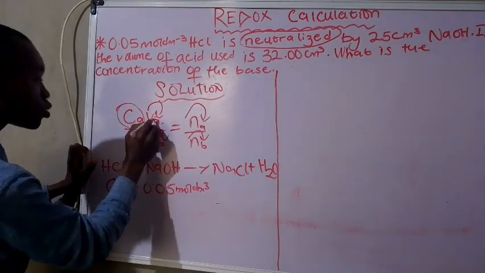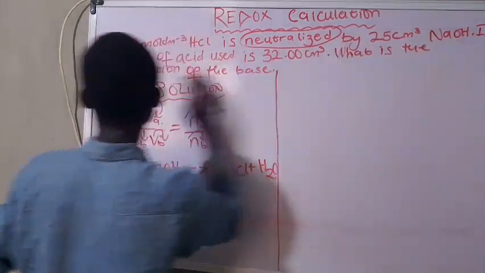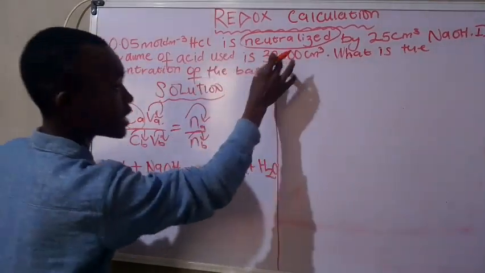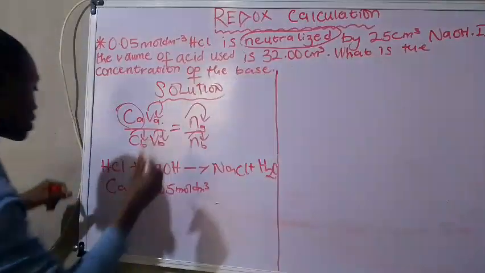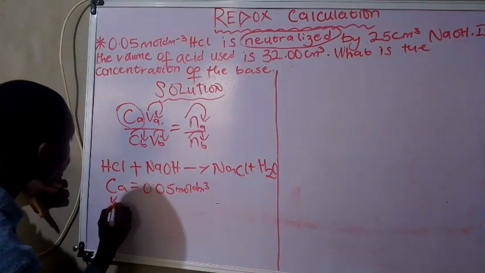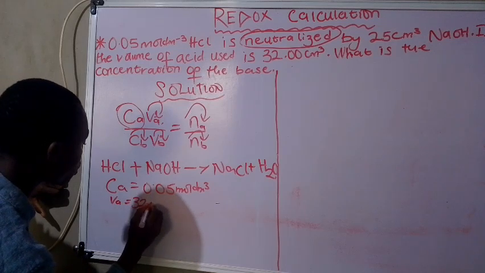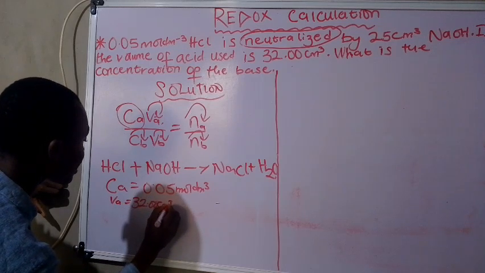VA is the volume of the acid used, which is 32.00 cm³.